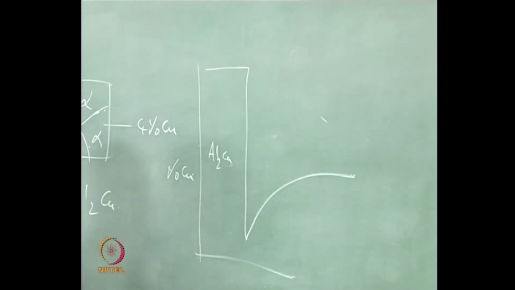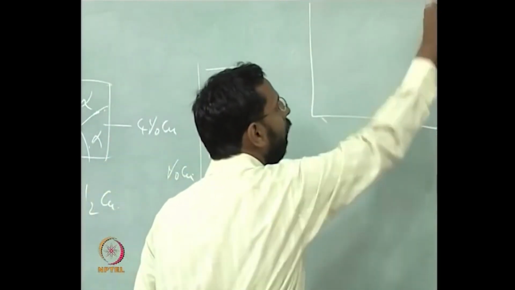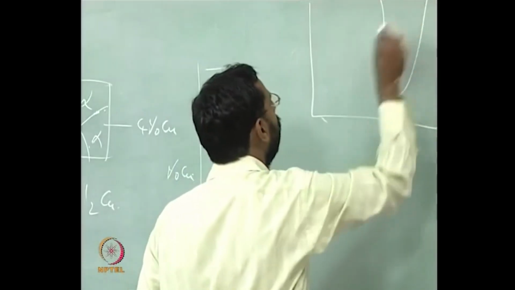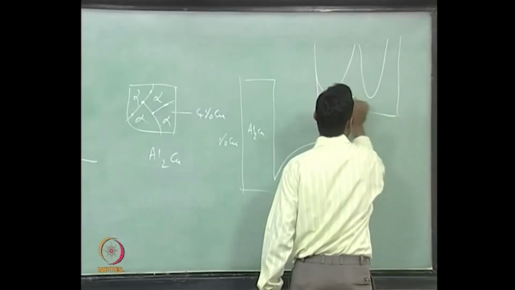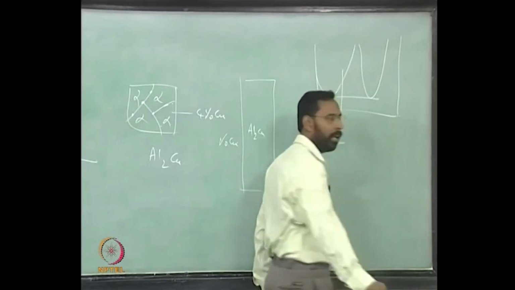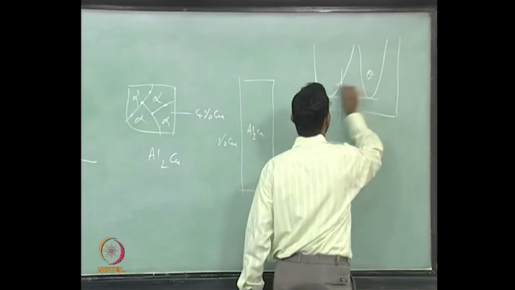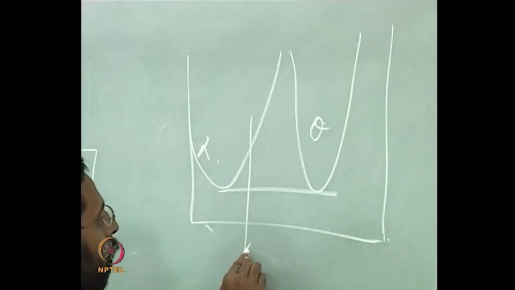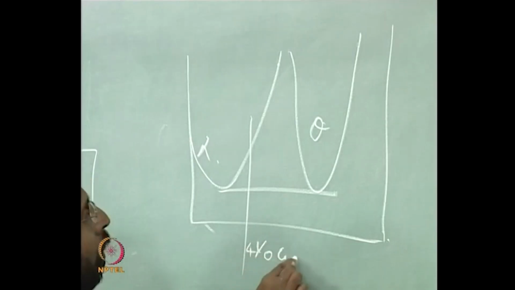We said, if you remember the free energy composition diagram, we drew a free energy composition diagram where you have the Al2Cu phase here, the alpha phase here, and if you join a common tangent, this is the theta phase, this is the alpha phase, and this is our alloy composition, 4% copper.